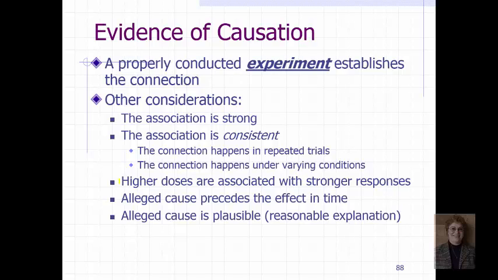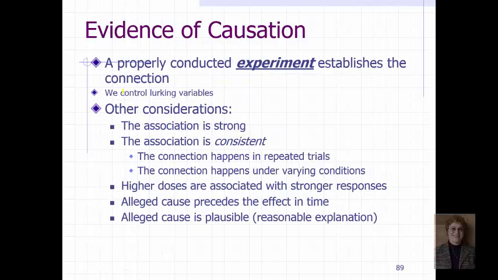The mice did not have cancer till after they had smoked. The more smoke they were exposed to, the higher their cancer rate, and it was a plausible explanation. Here's the deal with experiments: we control those lurking variables.